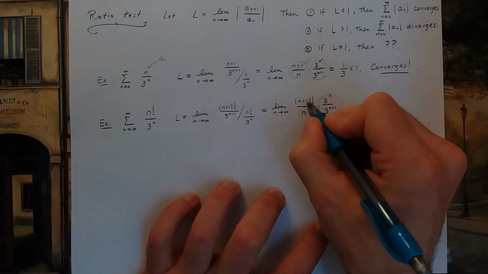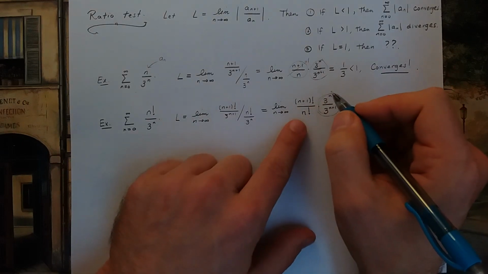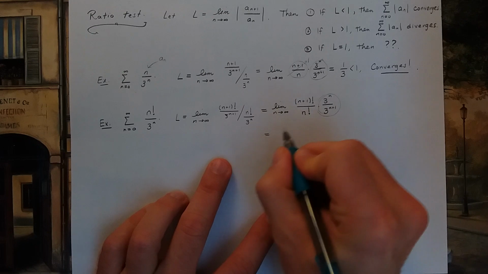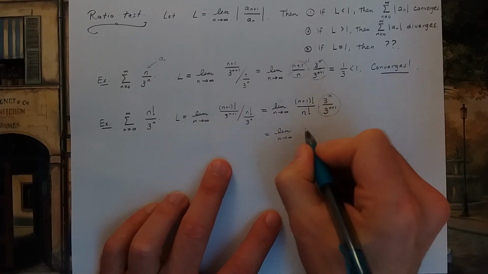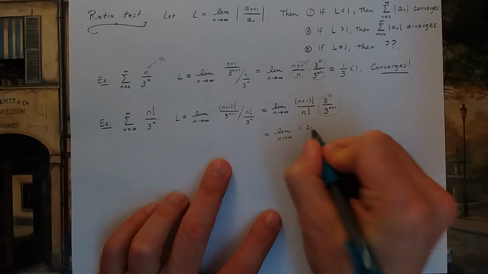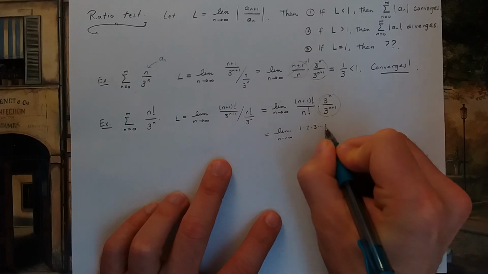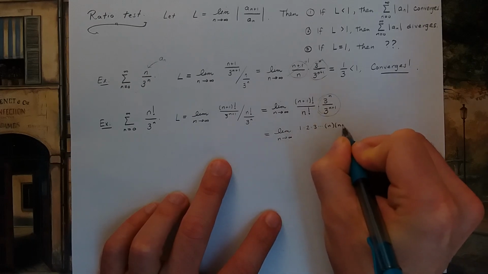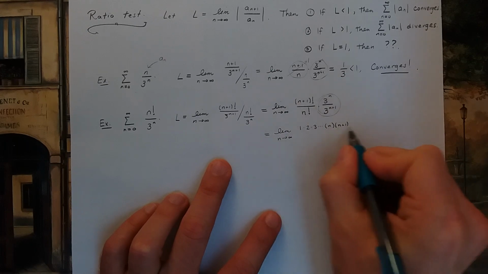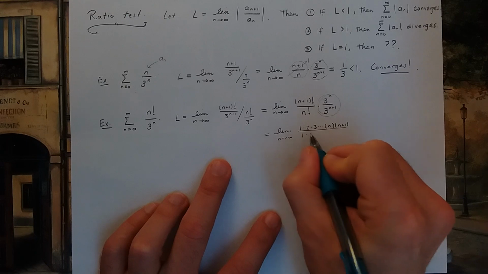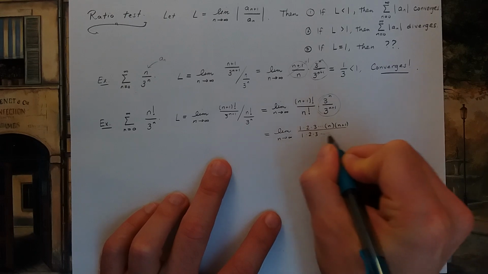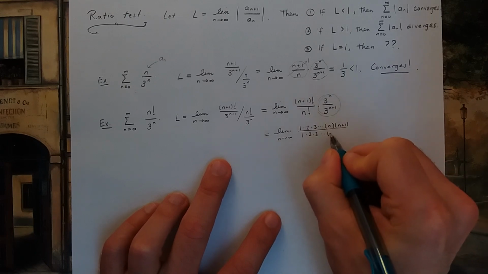But n plus 1 factorial over n factorial, let me write that here. This one's interesting. So this is the limit as n goes to infinity. n plus 1 factorial is 1 times 2 times 3 till I get to n plus 1. And n factorial is 1 times 2 times 3 all the way until I get to n.